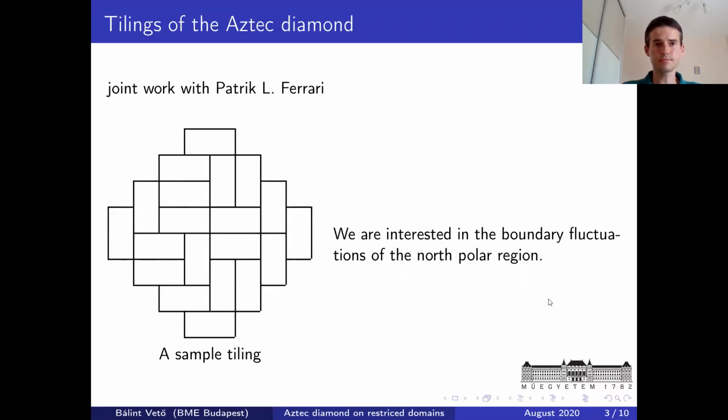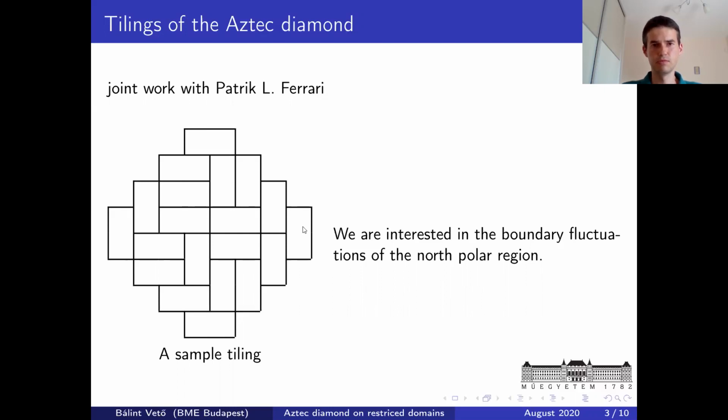Here is an example for a tiling of this particular small Aztec diamond, and what we will be interested in is the following. You can see that on the right-hand side of the picture, these 3 dominoes are all vertical.